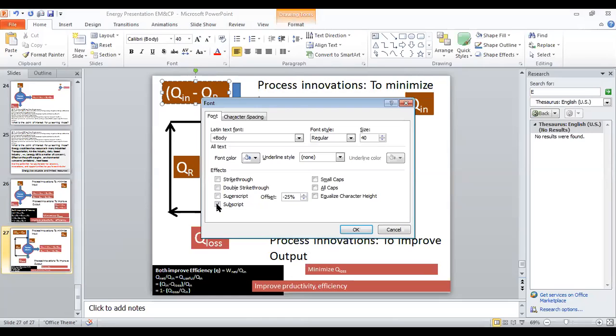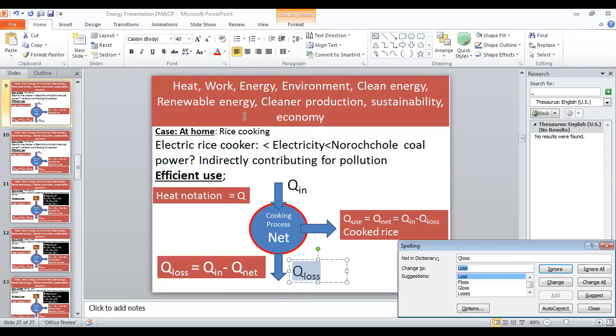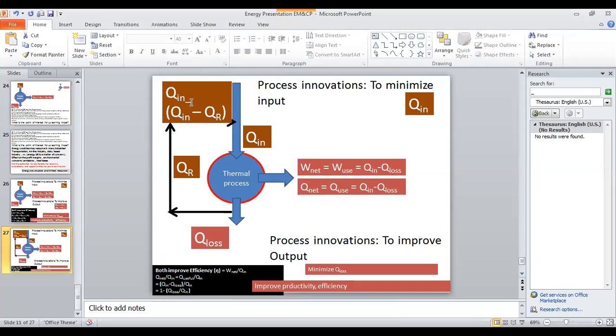Q in minus QR. This is the new Q in, Q in new.